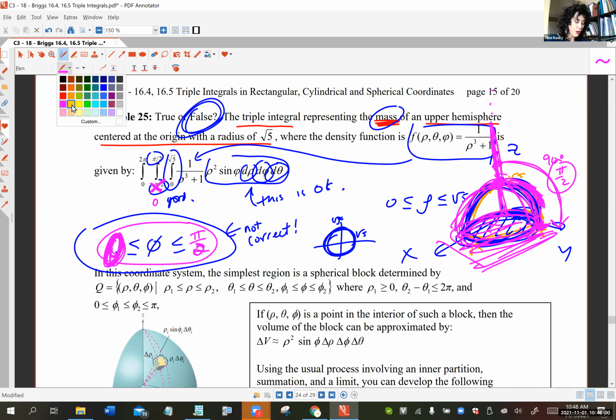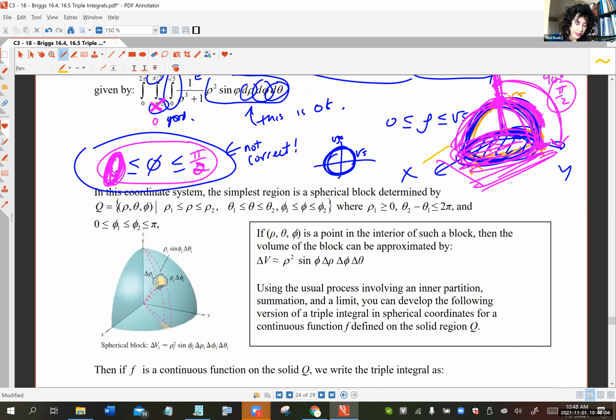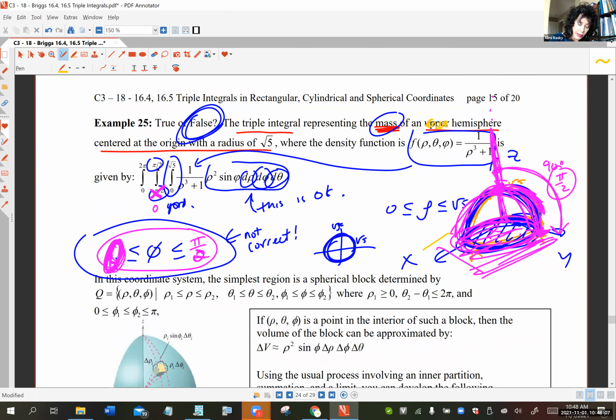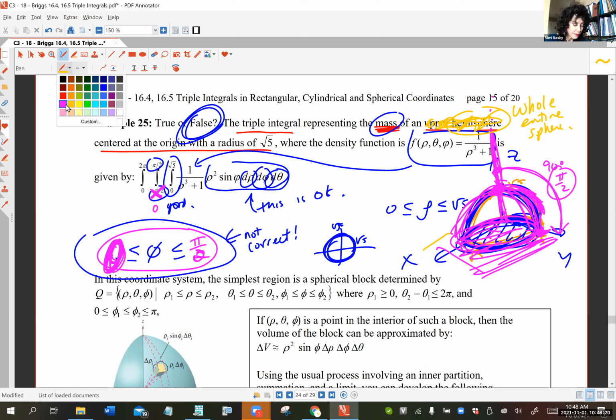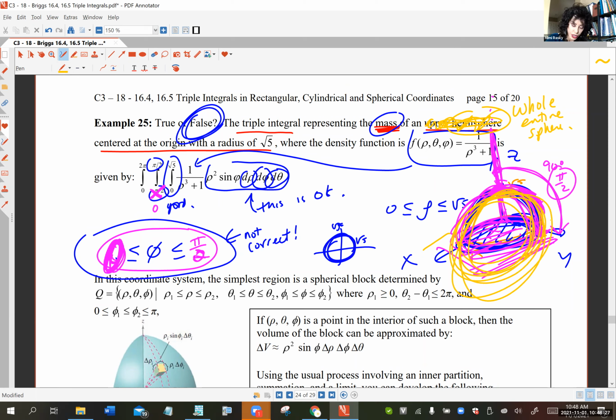So just a little rhetorical question. What if they had, in this problem, example 25, instead of the upper hemisphere, what if they said, no, we don't want the hemisphere, we want the whole entire sphere? Just pretend that was the original problem. It isn't, but what if they wanted the whole entire sphere? So then you'd have a whole ball here centered at the origin of radius square root of 5.